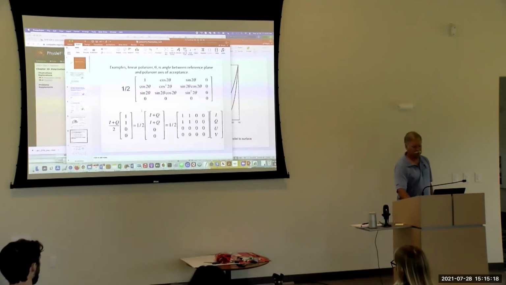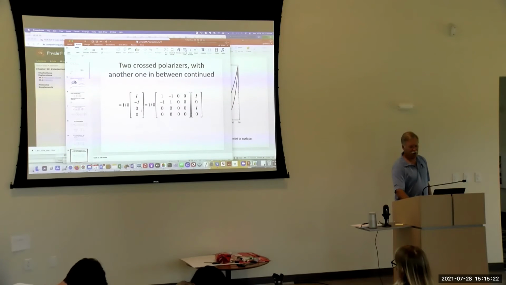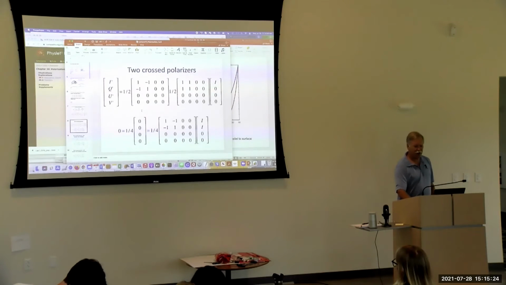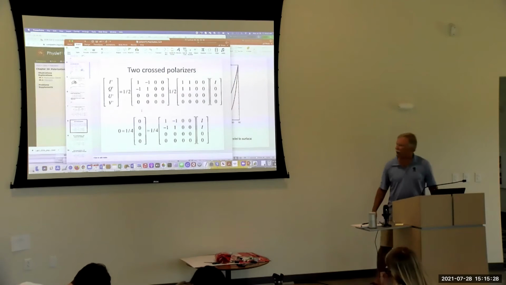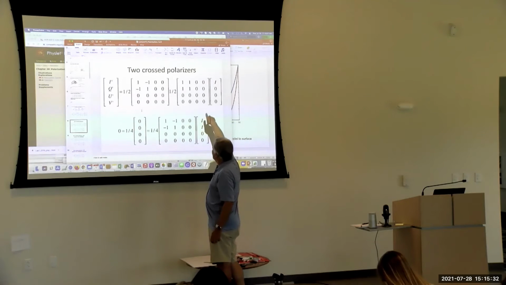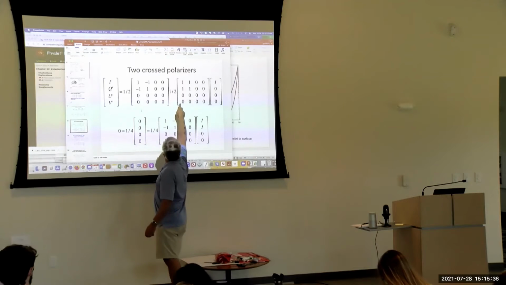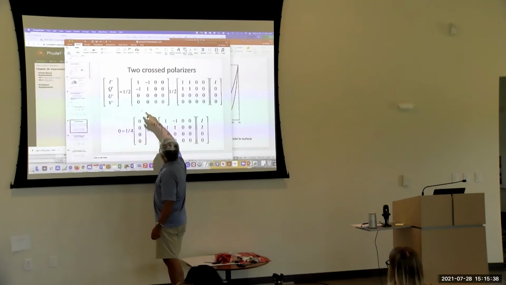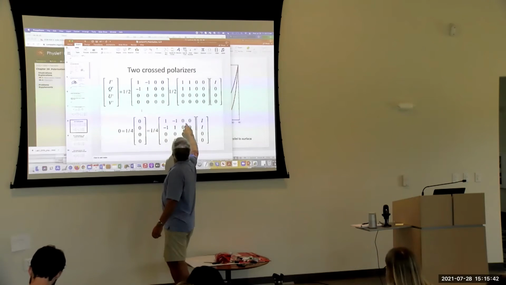Okay. Anything else? Good. Okay, so I showed you how polarizers work. If you look at cross polarizers, you have the matrix for the one we just did. The matrix for a polarizer at 90 degrees would be 1, 1, minus 1, minus 1.